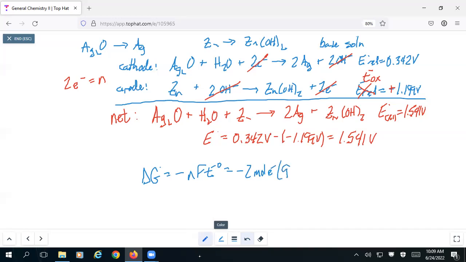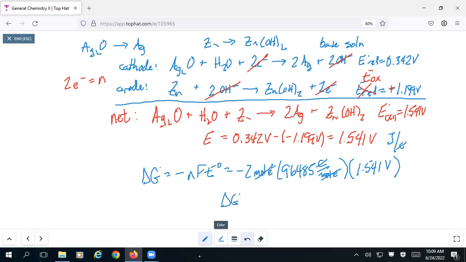The Faraday constant, 96,485 coulombs per mole of electrons. And our E cell, 1.541 volts. And remember that the volt is joules per coulomb. So the moles of electrons cancel, the coulombs cancel.